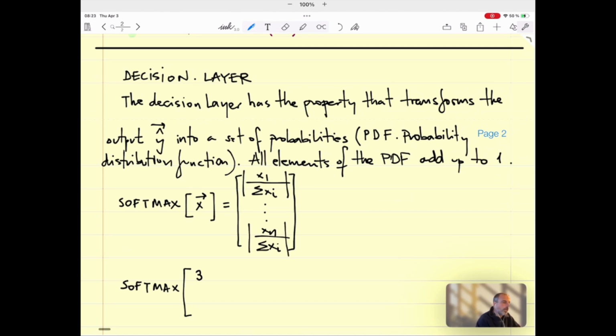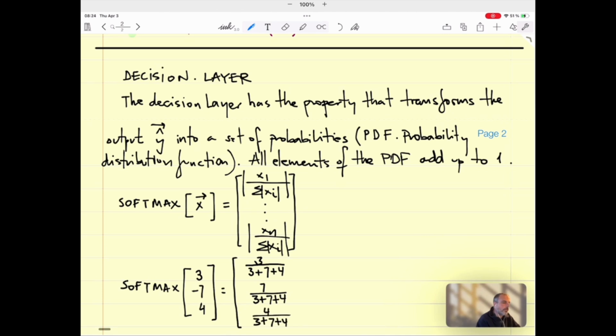So the elements of applying softmax to this vector are 3 over the absolute values, so 3 plus 7 plus 4, 7 over 3 plus 7 plus 4, and 4 over 3 plus 7 plus 4.